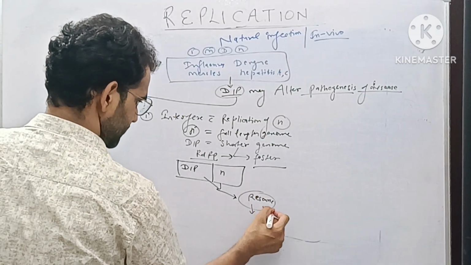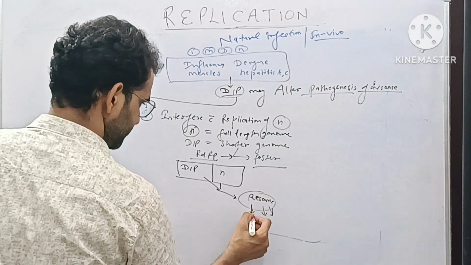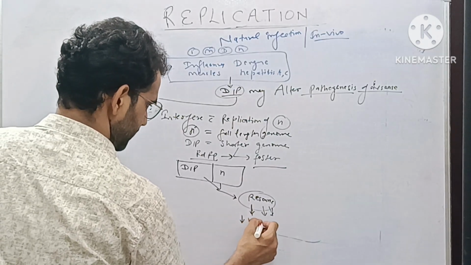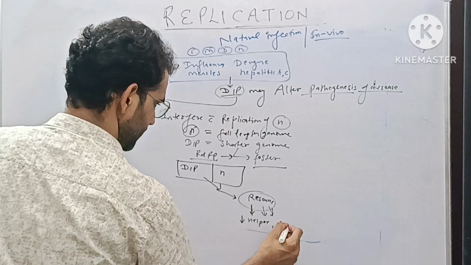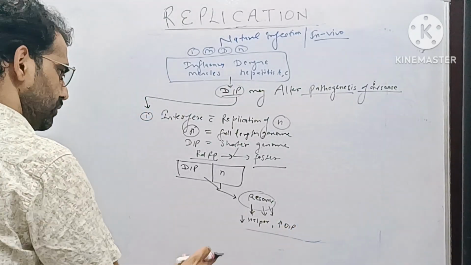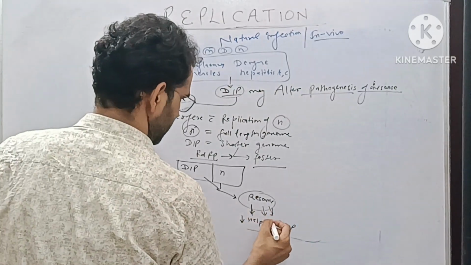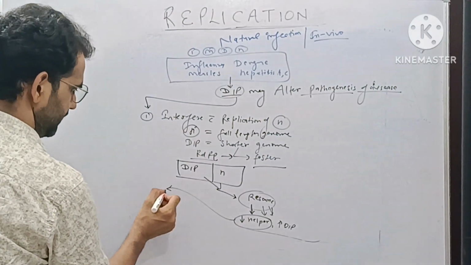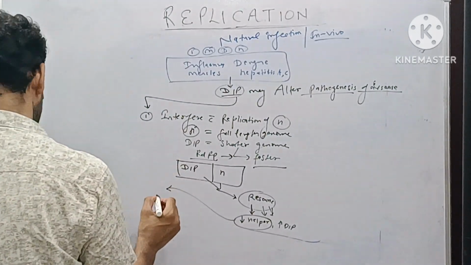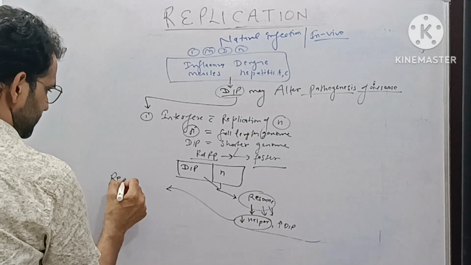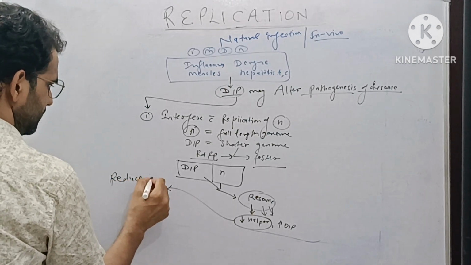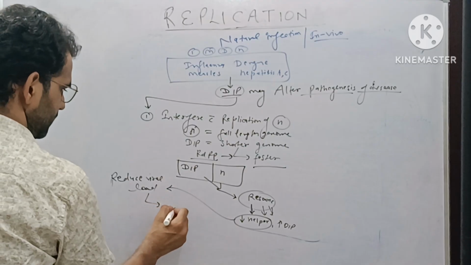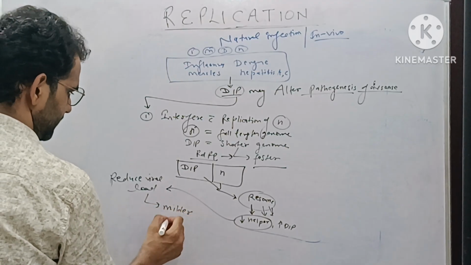What is the end result of this? Less helper will come out and more DIP. Less helper means less infectious virus comes out, which is known as reduced viral load or milder disease.